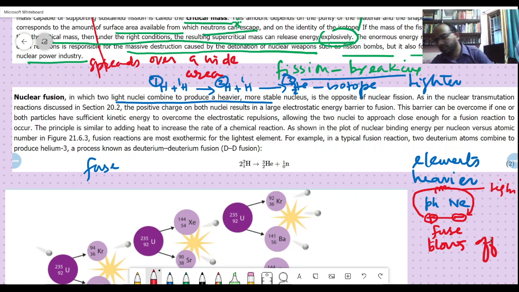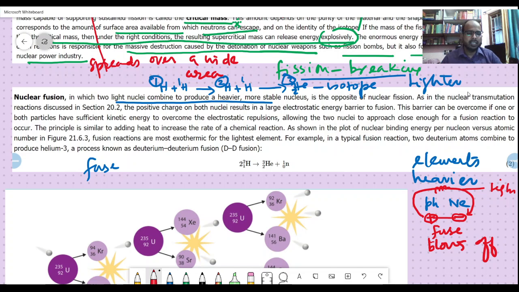The same thing is there with fusion: you bring two objects together with enough surface area, pressure and temperature, join them together, and you call it fusion. The same thing applies to the nuclear reaction also.